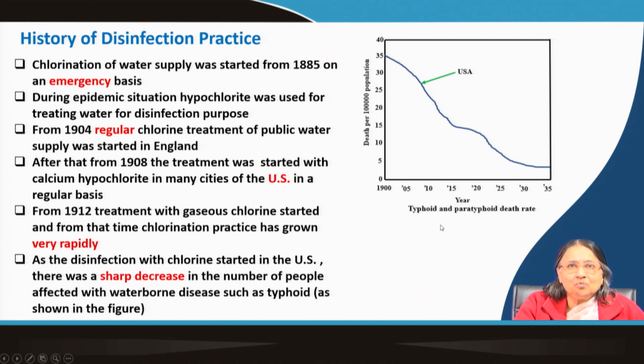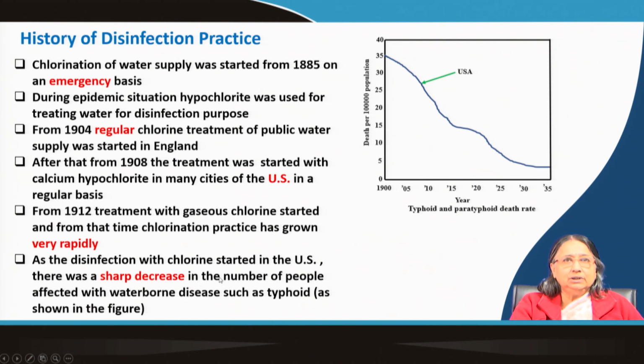So, you can see here the typhoid and paratyphoid death rate. Here you can see the deaths per this many population. This is the year 1900, and then you see it is coming down, coming down. It is 1935, you can see from here to here it has come down. These are some studies that were carried out in the US. From 1912, treatment with gaseous chlorine started, and then chlorination practice grew very rapidly.